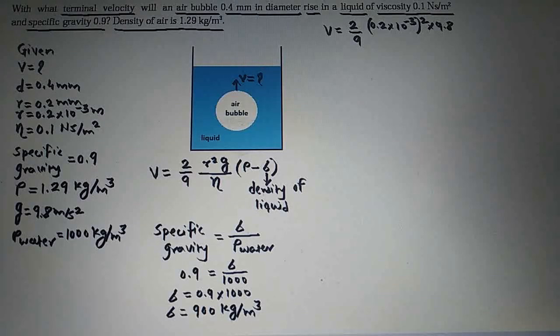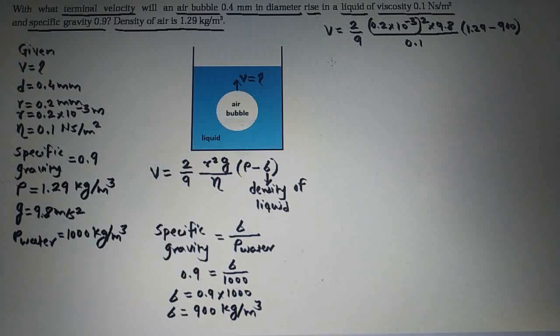G is 9.8, divided by the coefficient of viscosity 0.1 in bracket. Rho is what? It is the density of air, that is the density of the object here. So it is 1.29 minus sigma, the density of liquid, and it is equal to 900 here.